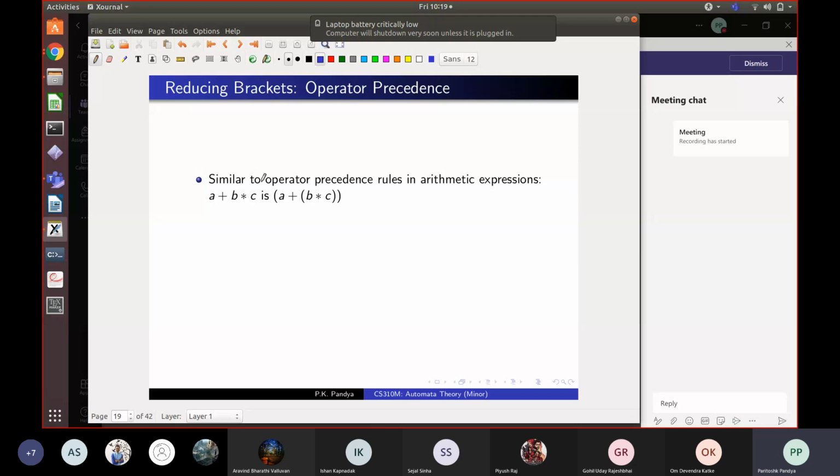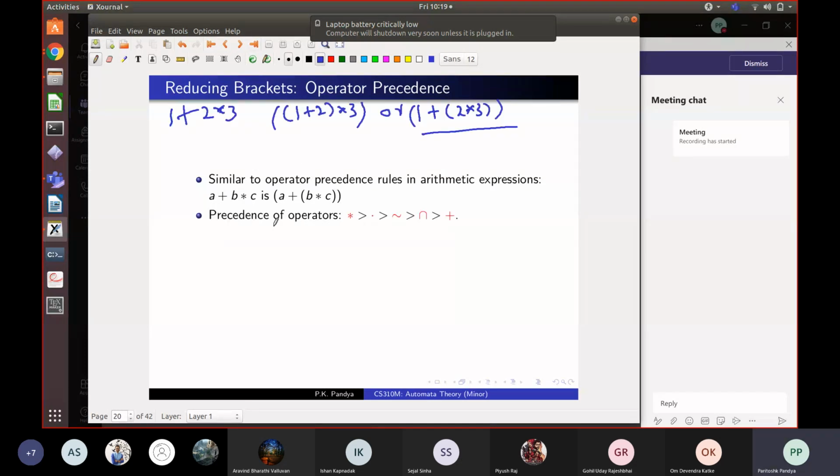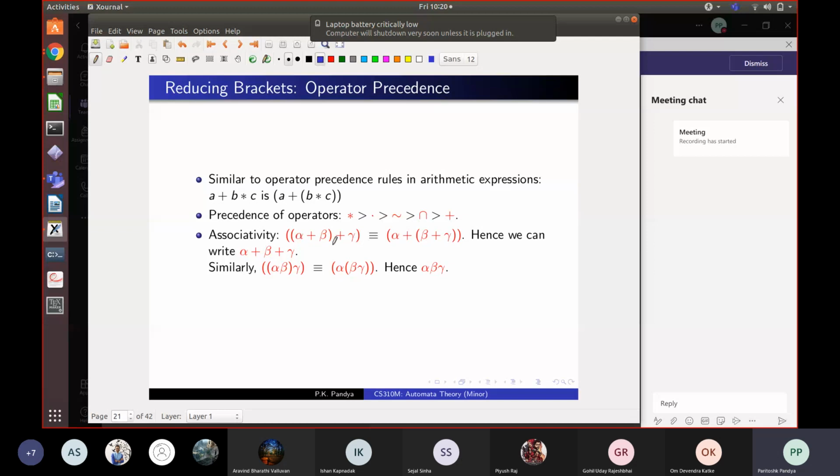Just as we have operator precedence rules in arithmetic, we have precedence of operators in the case of pattern expressions. We also have associative rules: alpha plus beta plus gamma is the same as alpha plus, in brackets, beta plus gamma. This is a property of the union.